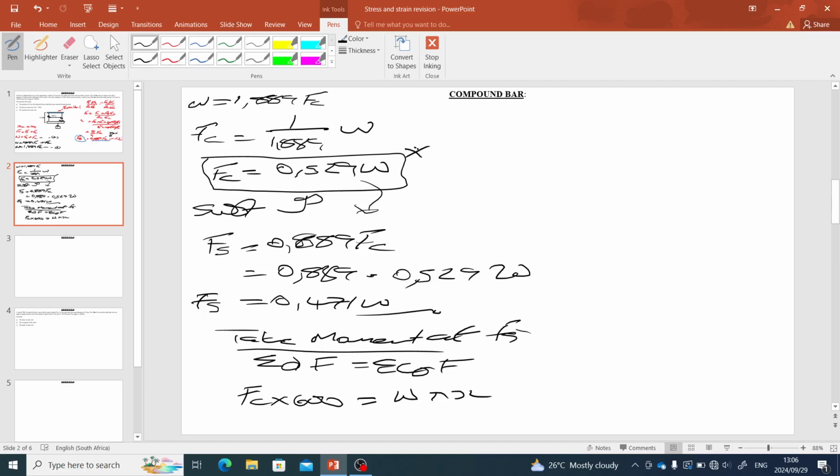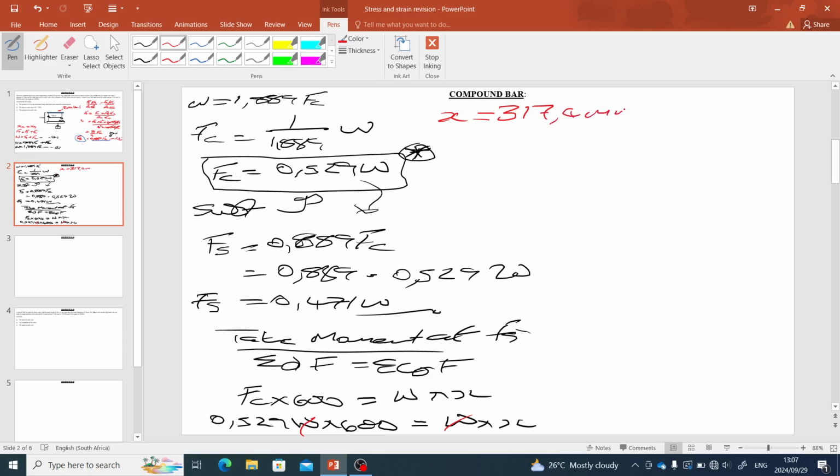It is the force on the wire, so we substitute: 0,529 multiplied by W multiplied by 600 equals W multiplied by X. The W and the W cancel out, and then you are able to determine your X. X would be 0,529 multiplied by 600, which gives us 317,4 millimeters.